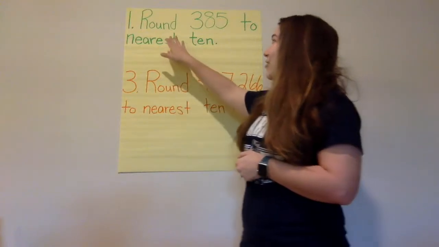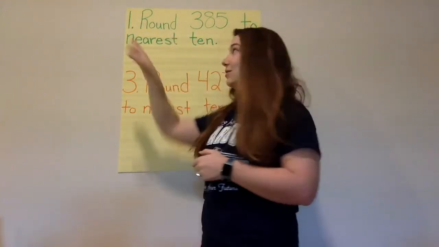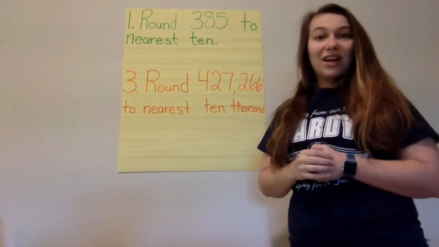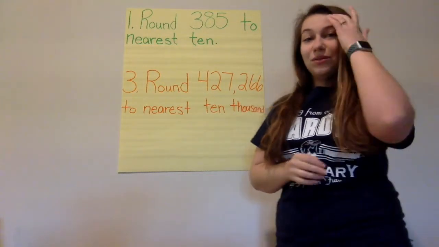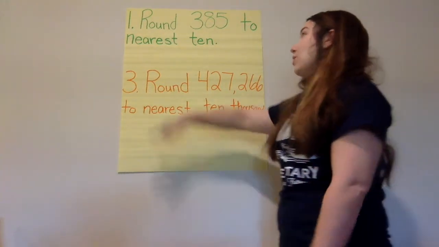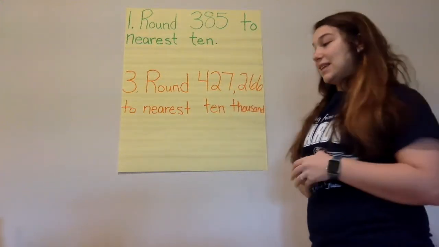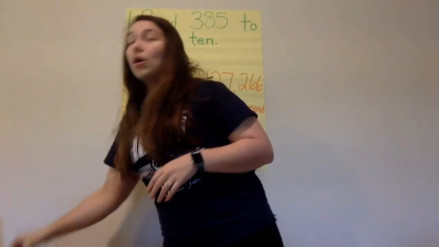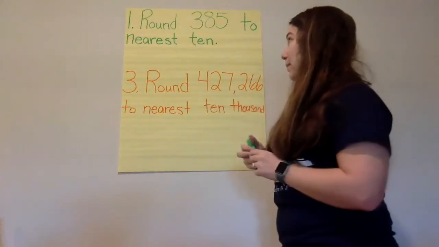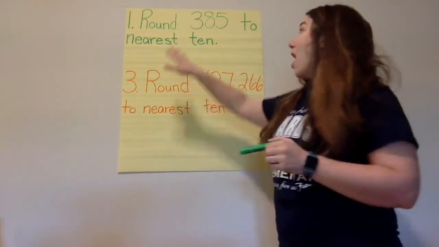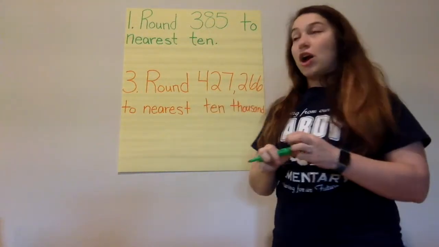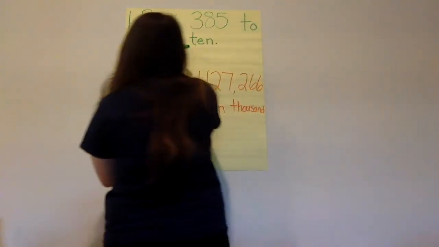All right, if everyone can put their pencils on question number 1, we are going to go ahead and do this one together. All right, so this says round 385 to the nearest 10. So you should have room under your paper where you don't need to rewrite it. I am going to go ahead and rewrite our number, 385.